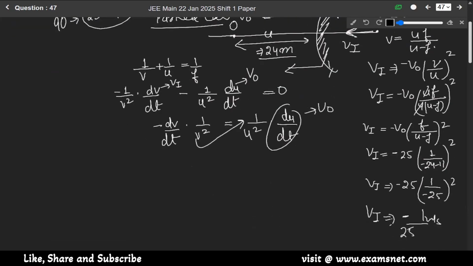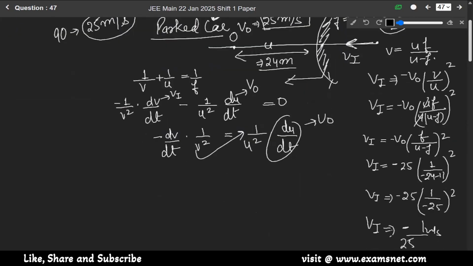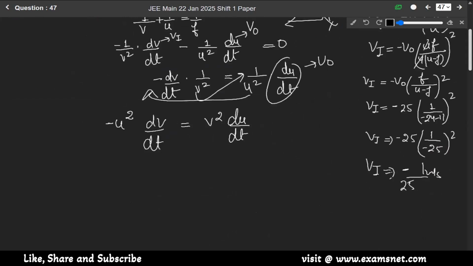Okay. Now we have to find the acceleration. So to find the acceleration, double differentiate it. So when we double differentiate it, let us write it first as minus U square dV by dt equals V square dU by dt. Now differentiate it again, so we will get the acceleration.